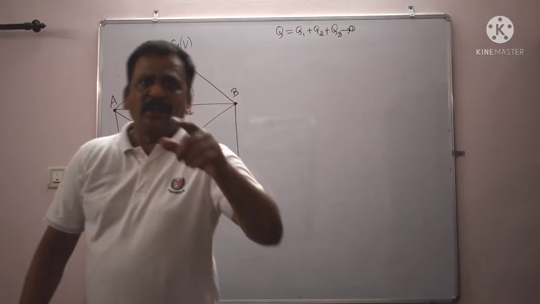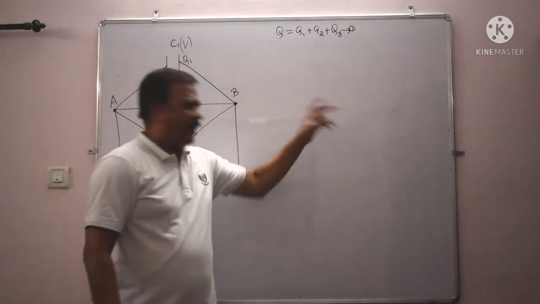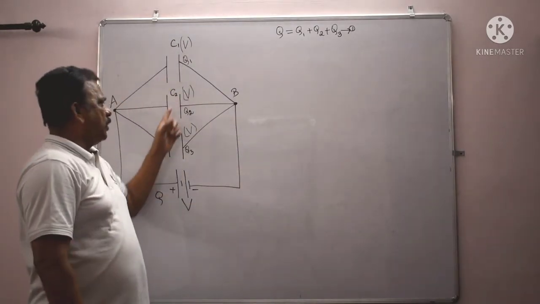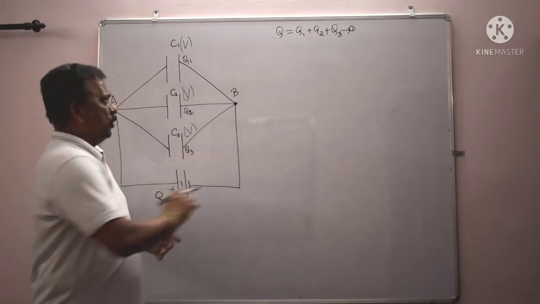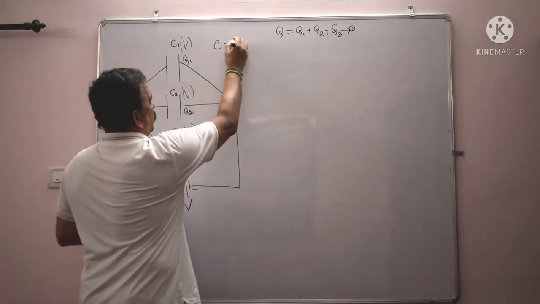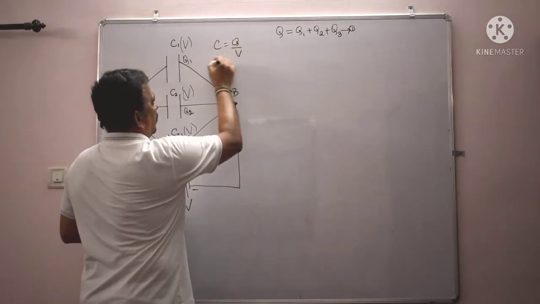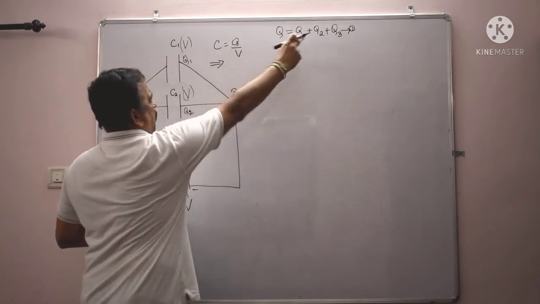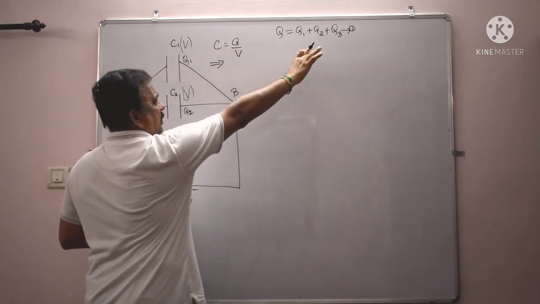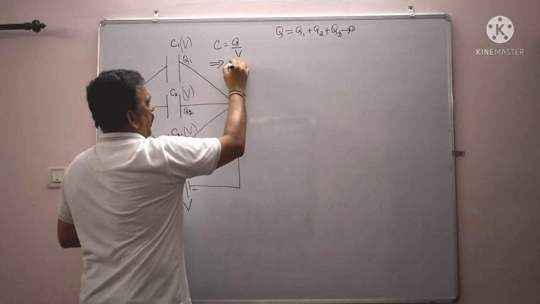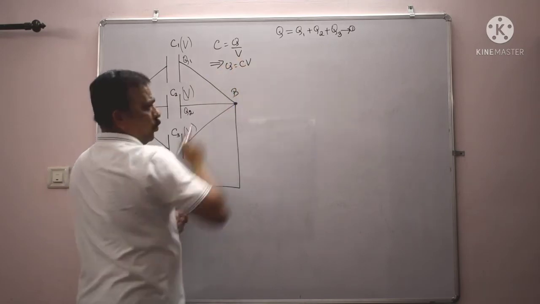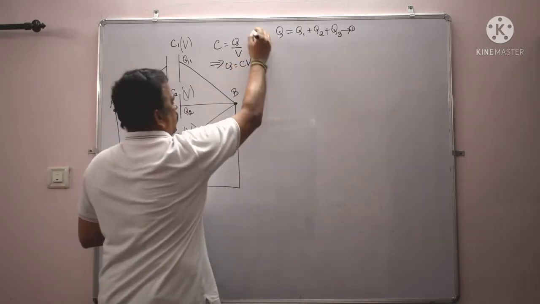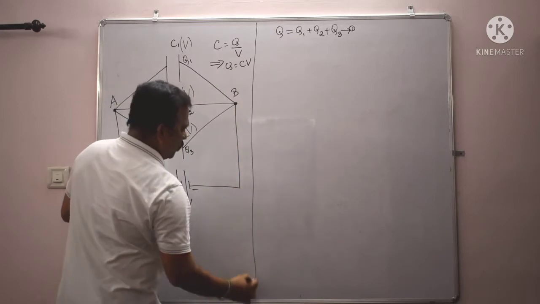Now let me write Q1, Q2, Q3 in terms of C1, C2 and C3. How to do that? C is equal to Q over V, so Q equals C into V. Using this, let me rewrite Q1, Q2, Q3.